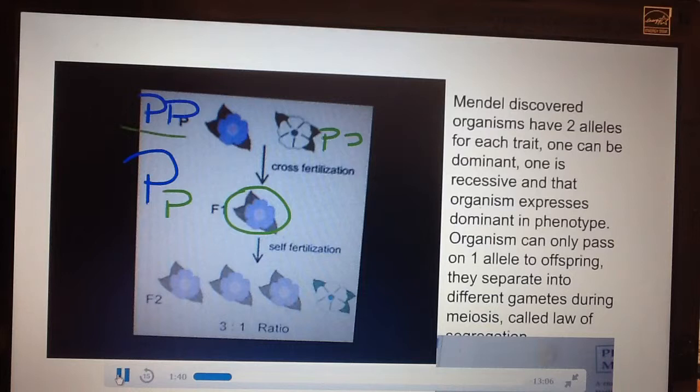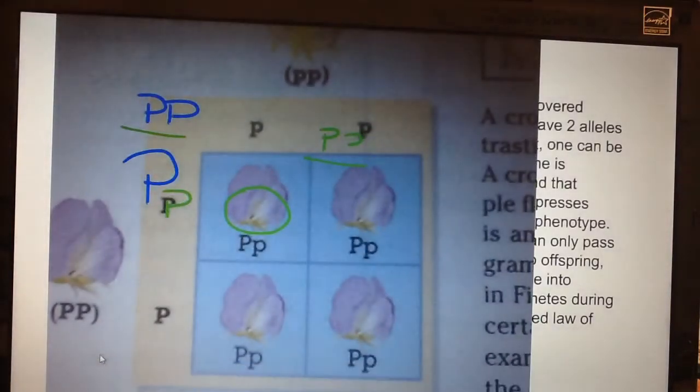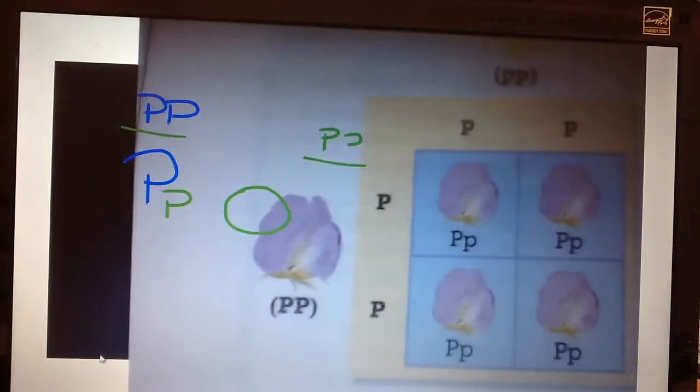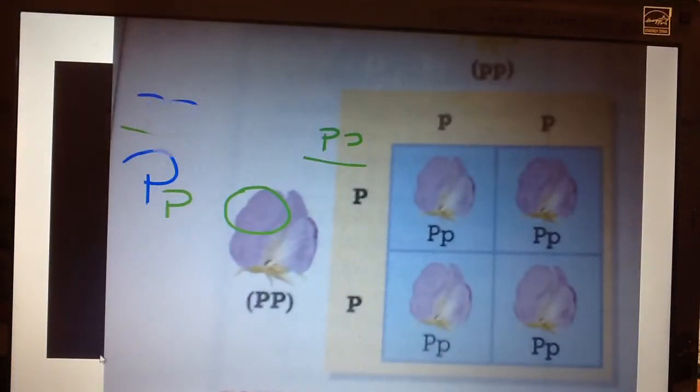Well, if we were to take this capital P, purple flower, and cross it with the lowercase p, white flower, what that Punnett square looks like when we do the cross is right here. So you can see we're crossing our lowercase p, which is right here, and our capital P, purple flower here.